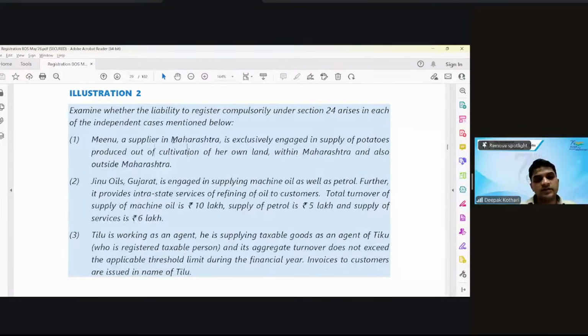Illustration number two. Examine whether the liability to register compulsorily under section 24 arises in each of the independent cases. Meenu, a supplier in Maharashtra, is exclusively engaged in supply of potatoes produced out of cultivation of her own land within Maharashtra and also outside Maharashtra. Agriculturist making intrastate supply and interstate supply.